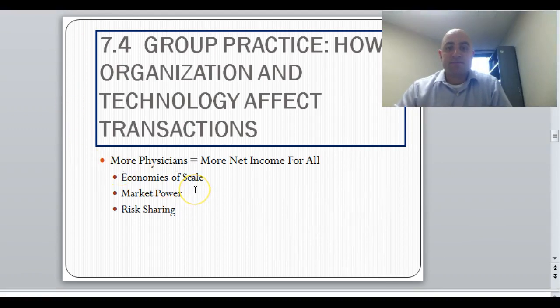The second reason why more physicians lead to more net income for all is because of market power. With market power, what that means is basically more doctors working together create additional business for others that they otherwise wouldn't get.